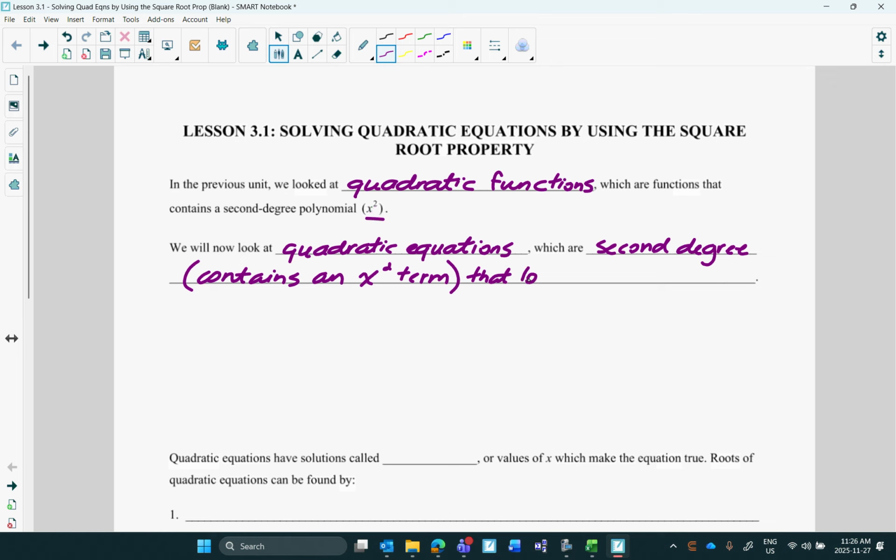Looks like this. Very, very similar to standard form of a quadratic function. Ax squared plus bx plus c, not equals y or equals f of x, but actually equals a number, 0.